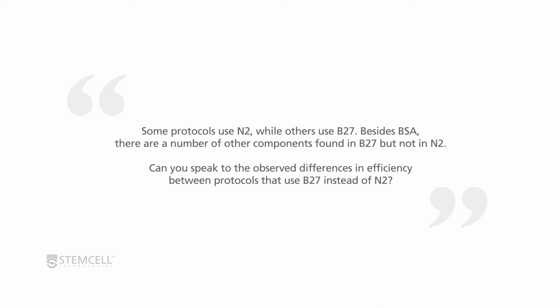As far as the other components in B27, I don't think it's clear exactly what role they play, if any, and for that reason I think, as it's clear that they're not necessary because we can achieve neural crest induction with just N2, so in the absence of these extra components, my inclination would be to not use B27 if possible.